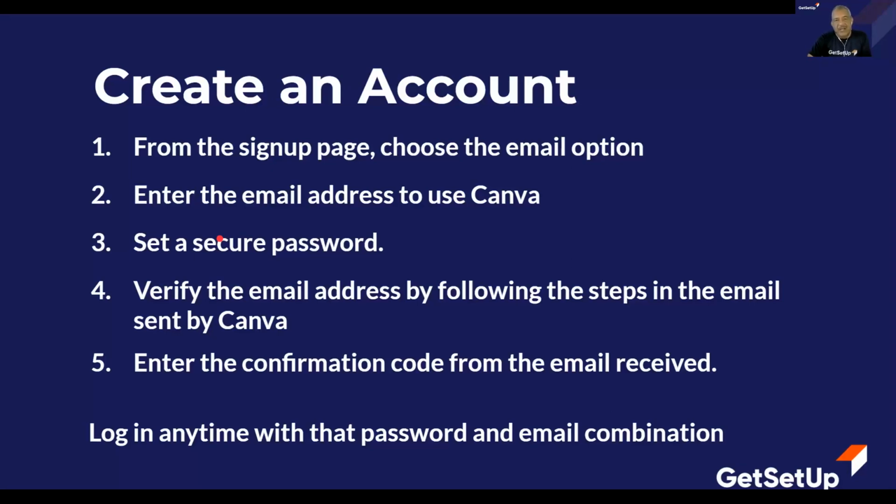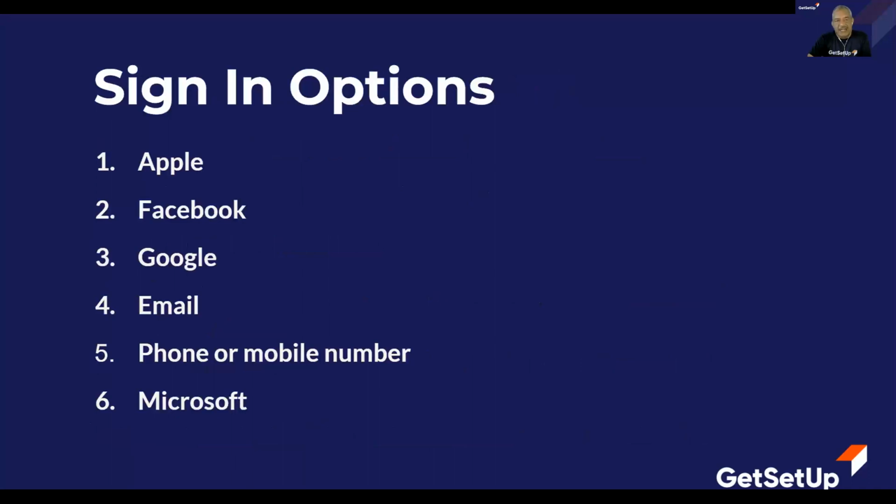Some of which are, if we have an Apple phone, an Apple ID, or if we want to use Facebook, the Facebook ID, a Google account, an email, a phone or mobile number, and besides that, a Microsoft account. If we have a Microsoft account, we can also create our account there.